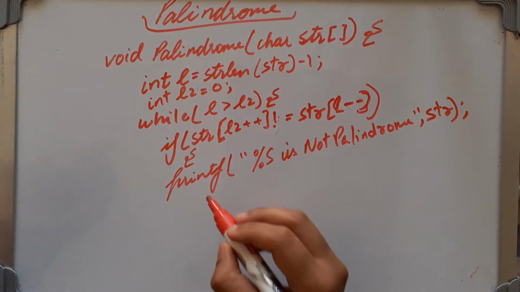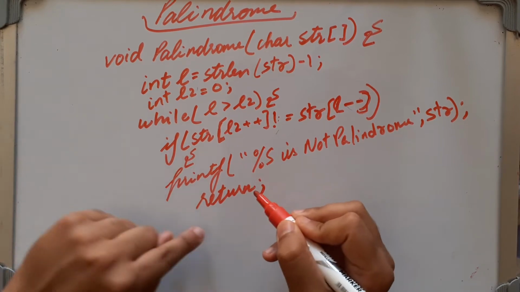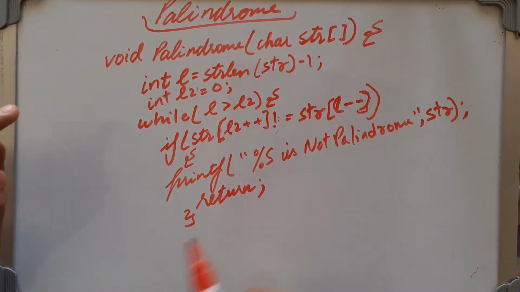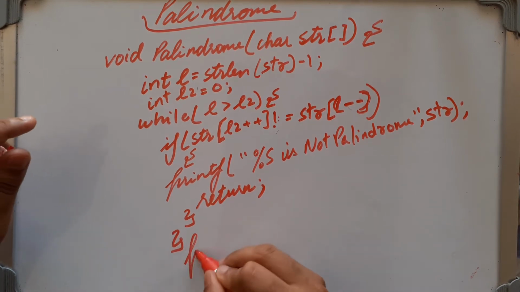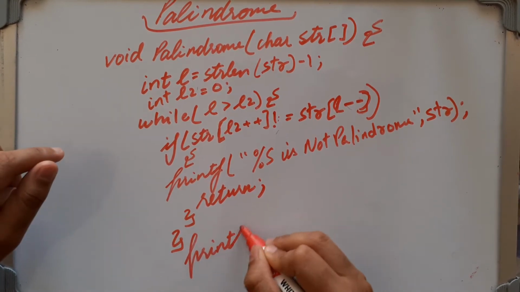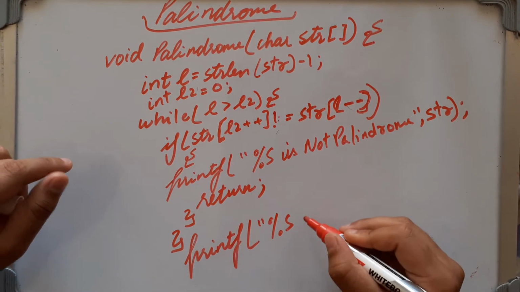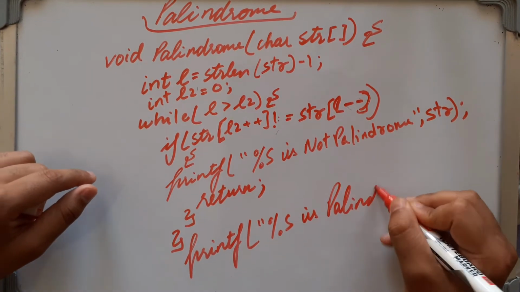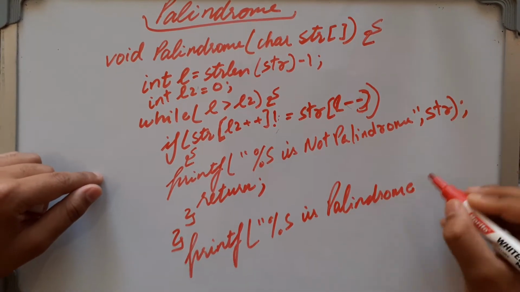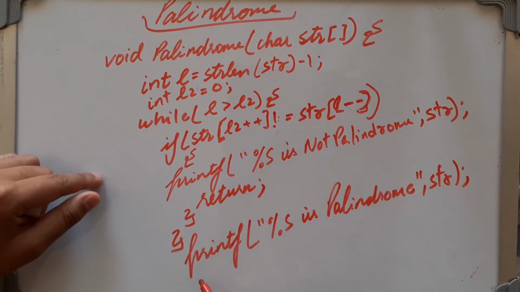Then you can return, because it's a void function, so simply return is used. After that, close the while loop and then printf. If the condition works and it doesn't return, then print %s is palindrome. Then print str and then close this.